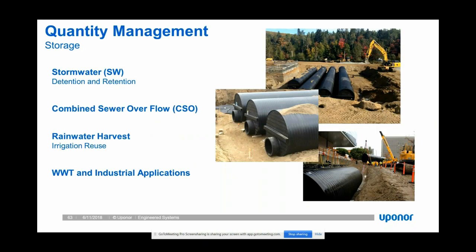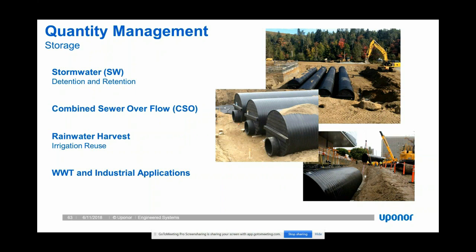The first thing I'll talk to you about is quantity management and storage volume, because it really is useful in most applications, whether that's stormwater detention or retention, CSO projects, rainwater harvest or rainwater cisterns, water and wastewater treatment, and industrial applications.